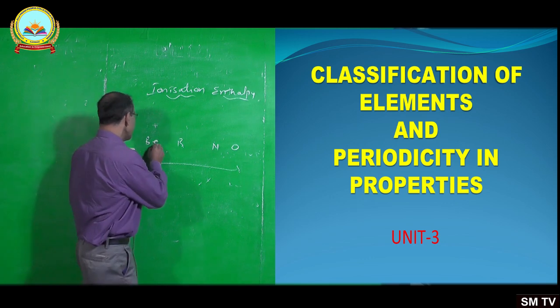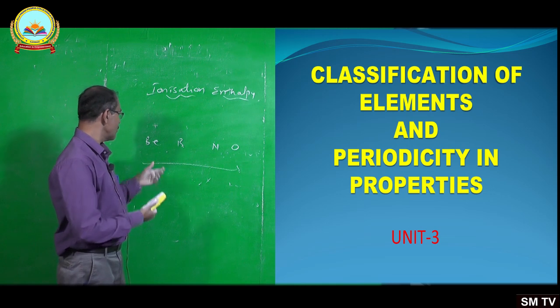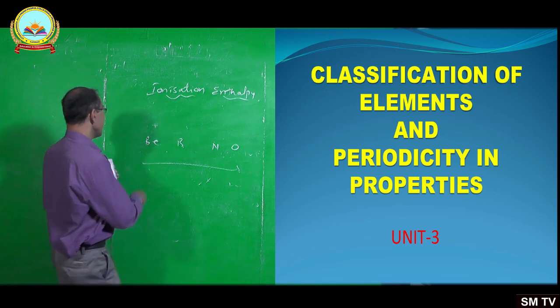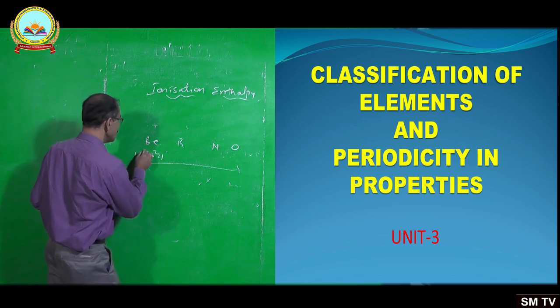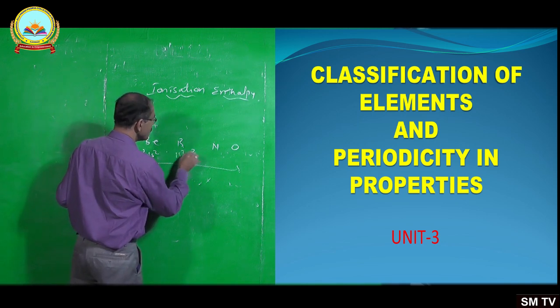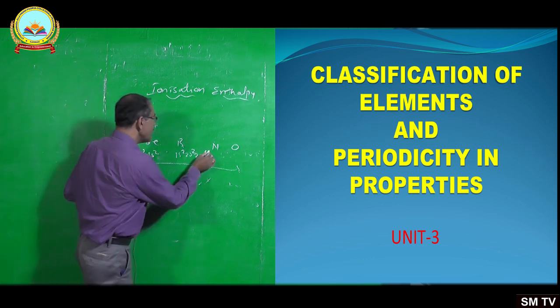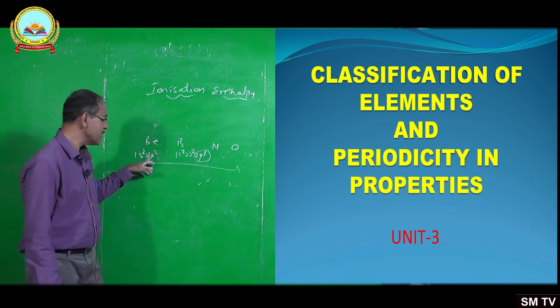Here you are removing the s electron, which is nearer to the nucleus. Beryllium has the configuration 1s2, 2s2. Boron has 1s2, 2s2, 2p1. So, removal of the p electron is very easy compared to the removal of the s electron.